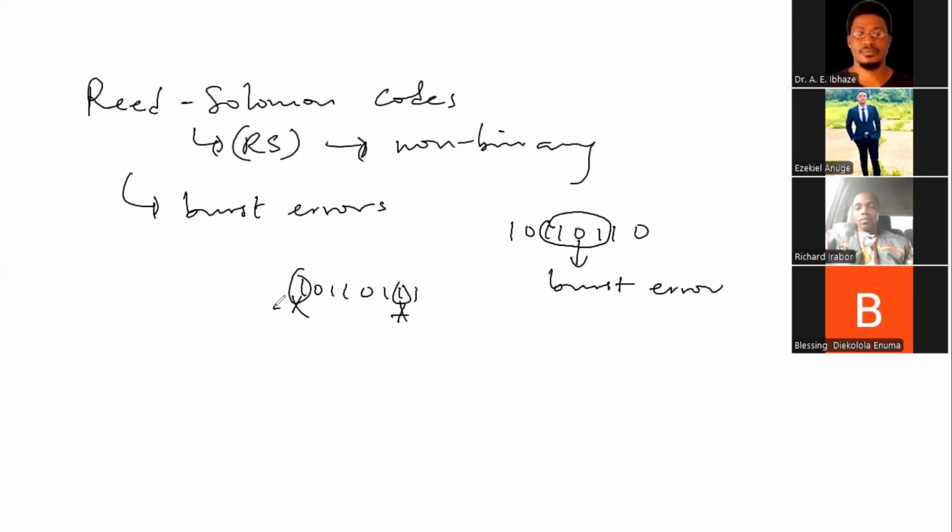These are multiple bit errors that may not necessarily be burst errors, so the BCH code will do very well here. But when we want to consider consecutive bits that are in error, we want to deal with burst errors, then the Reed-Solomon code seems to be very robust for that. And for an (n, k) code, this can correct up to t = (n - k)/2 errors, given the parity n - k.